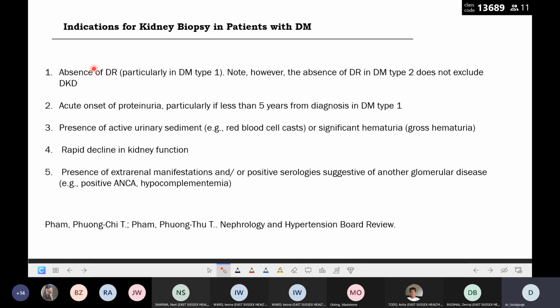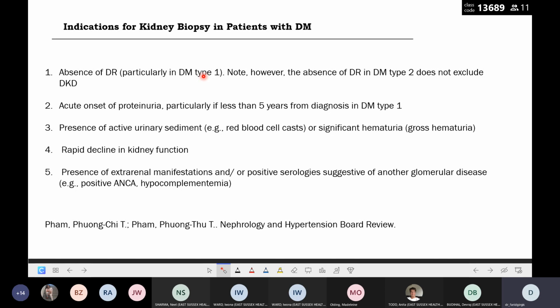Number one, absence of diabetic retinopathy, particularly in type 1. Here I want to mention that in type 1 diabetes, when you have diabetic nephropathy, you should have diabetic retinopathy in 100% of the patients, okay? Diabetic nephropathy and retinopathy. But in type 2 diabetes, absence of diabetic retinopathy doesn't exclude it.